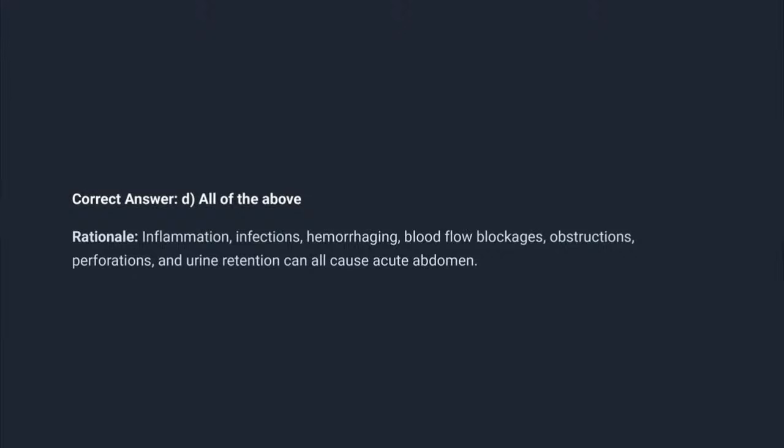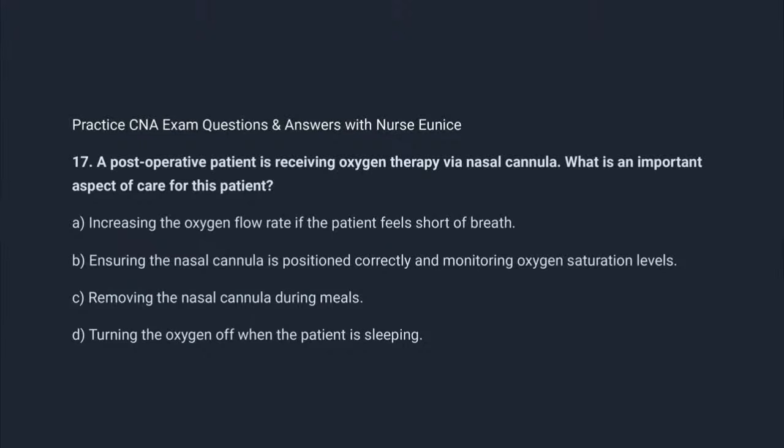So, inflammation, infections, hemorrhaging, blood flow blockages, obstructions, perforations, and urine retention can all cause acute abdominal pain. So, if we don't do an appropriate assessment, this patient could be going to surgery versus having a urinary catheter inserted. So, do those assessments, my future nurses.